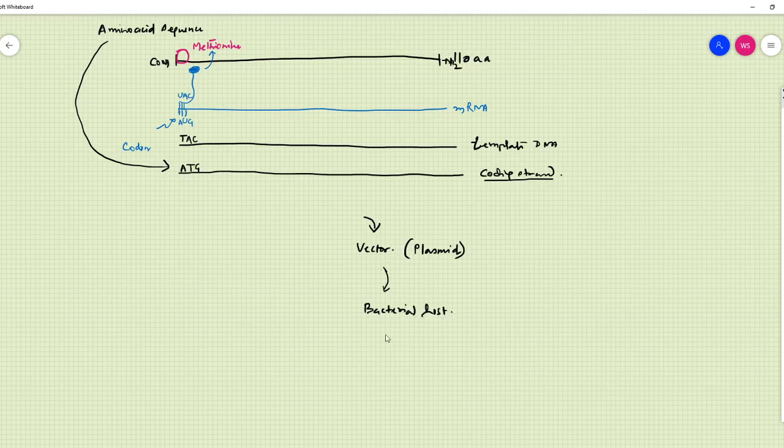Okay, this process is called transformation, insertion of the vector into the host. So this is called transformation.